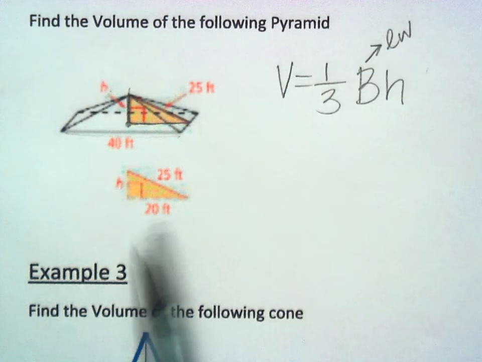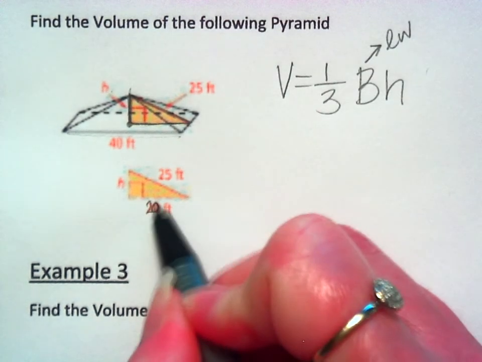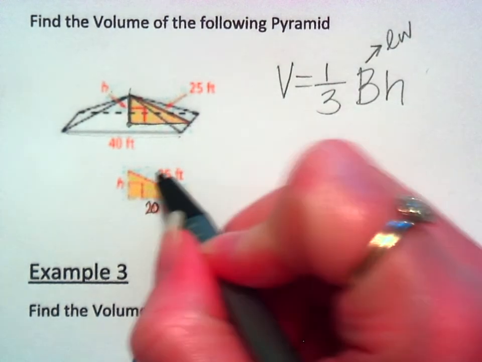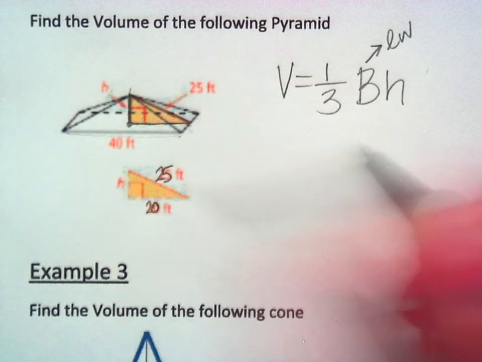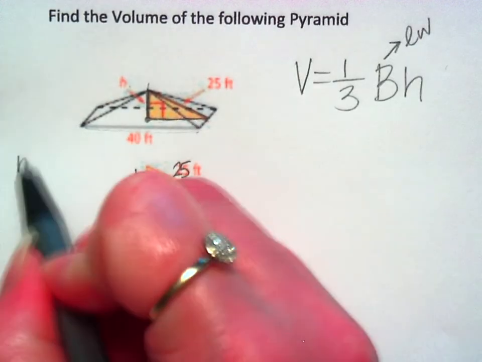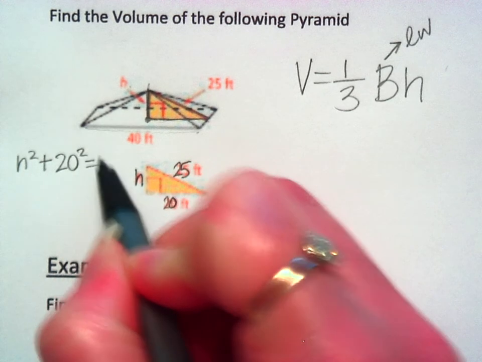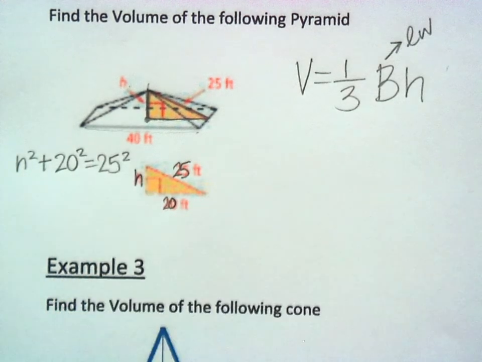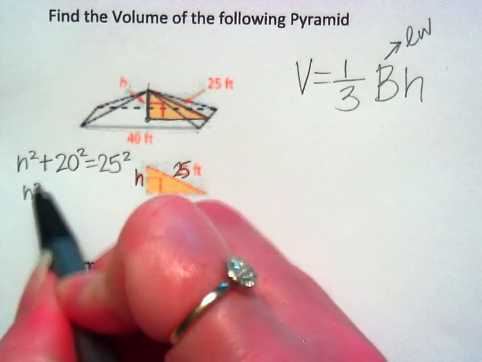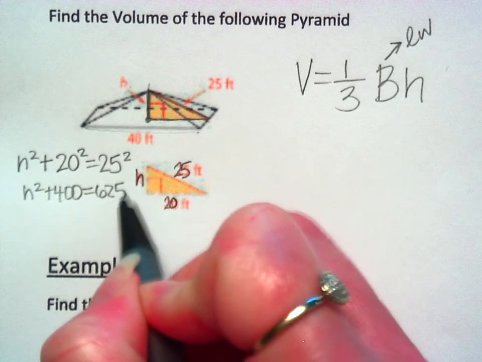They pulled that out right here so you can see it better: 20 on the bottom, 25 on the hypotenuse, and this is h. So over here to the side, h squared plus 20 squared equals 25 squared. That's h squared plus 400 equals 625.